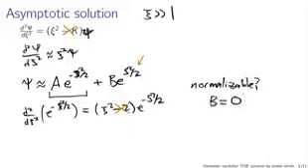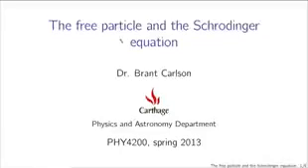What that tells us then, if we have something that's going to be a solution to the time-independent Schrodinger equation, is that its asymptotic behavior will be given by this. So psi is approximately equal, for large c, to some constant times e to the minus c squared over 2. That's an approximate solution.